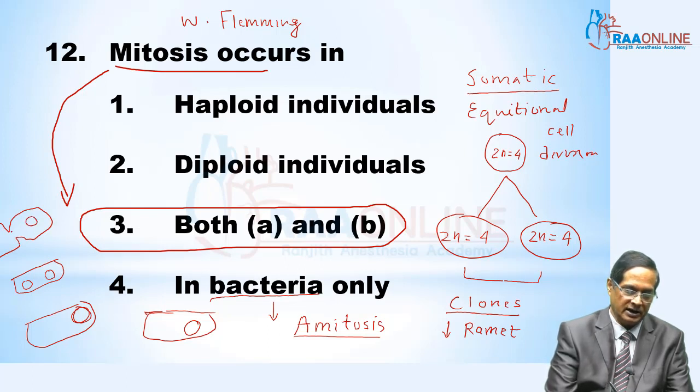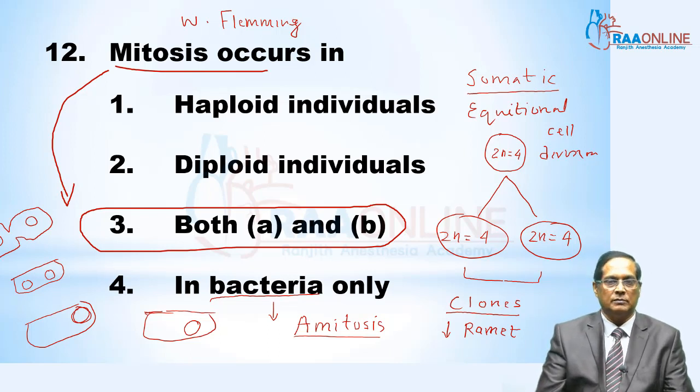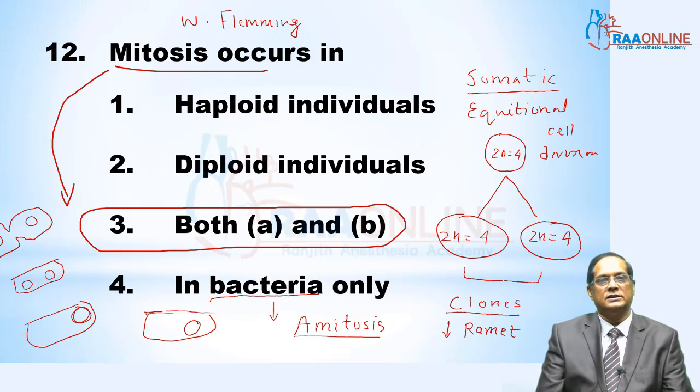This is all about amitosis: direct division, genome duplicates and divides, followed by cytokinesis. You won't see stages like prophase, metaphase, anaphase or telophase in amitosis.